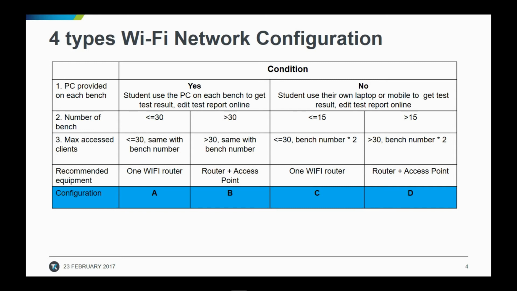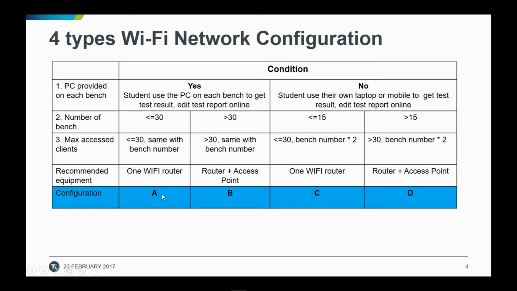In general, if the maximum accessed clients is less than 30, we would recommend using 1 Wi-Fi router. If the maximum accessed clients is more than 30, we would suggest using router plus access points.